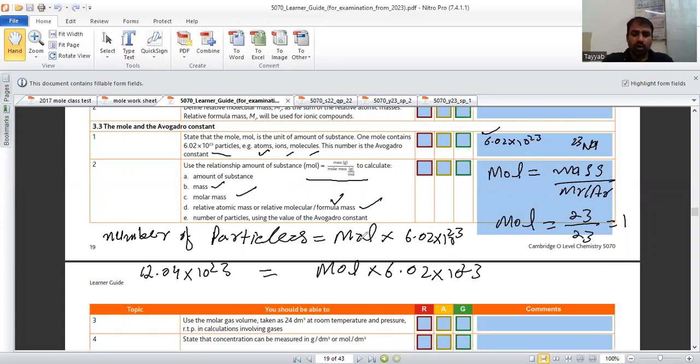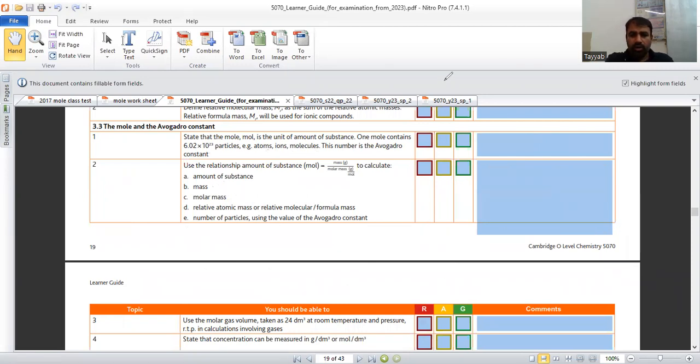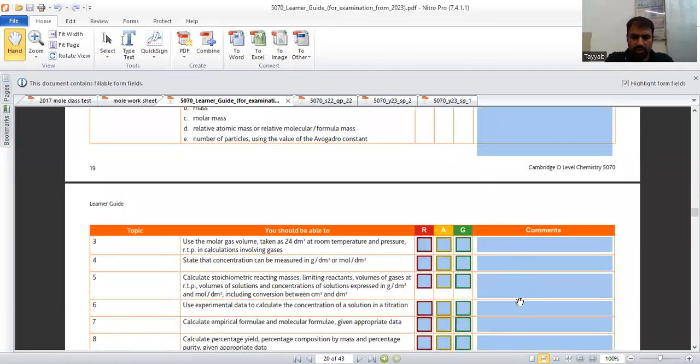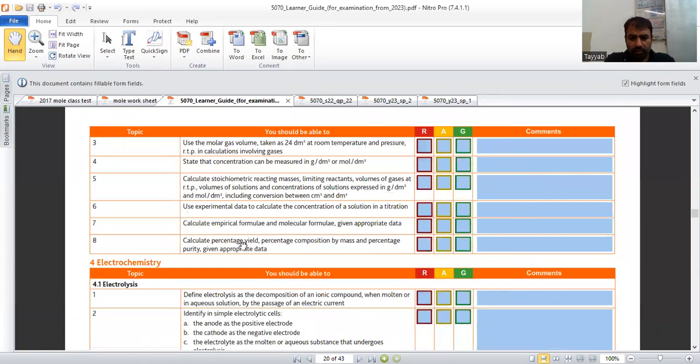This 6.02 × 10^23 is shifted to the other side, and the answer becomes 2. Hope you are clear with this. In all these examples, with the help of the Avogadro number and with the help of mass, we can calculate moles. We also see these in past paper questions. I will show you this.